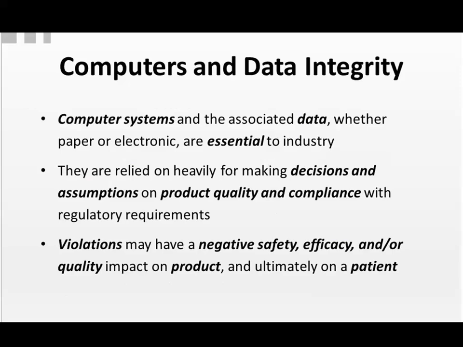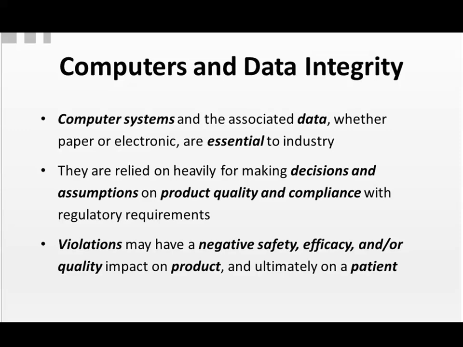Now let's talk about computers and data integrity, one of the serious areas where FDA finds quite a number of inspection findings. The computer systems and the associated data, whether the data is paper or electronic, are essential to industry. These are used to make decisions and assumptions on product quality and compliance.